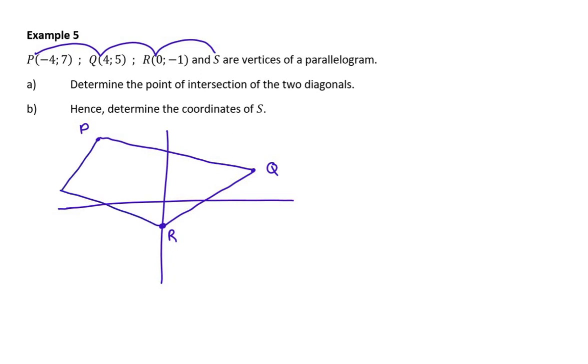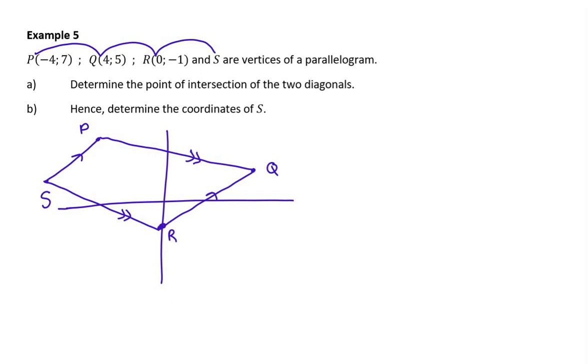Because remember, a parallelogram, now I haven't drawn this accurately. Let me draw it a little bit more accurately than that. Remember, a parallelogram has two pairs of opposite sides parallel. That looks a little bit more believable, but still not great. So don't forget that these two sides must be parallel, and those two sides must be parallel. So my drawing isn't particularly wonderful, but anyway.